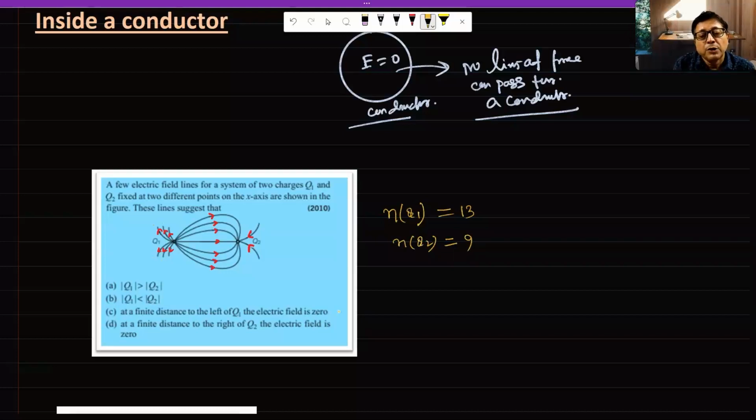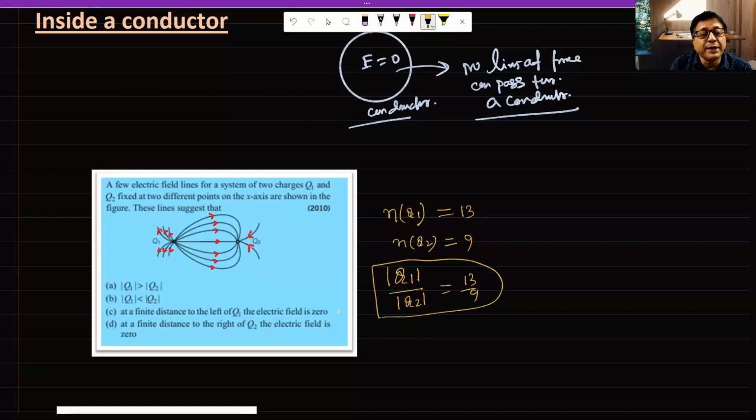Okay. So mod Q1 is proportional to 13, mod Q2 proportional to 9. So Q1 by Q2, their magnitude will be proportional to the number of lines of force. It will be 13 by 9. Clear?